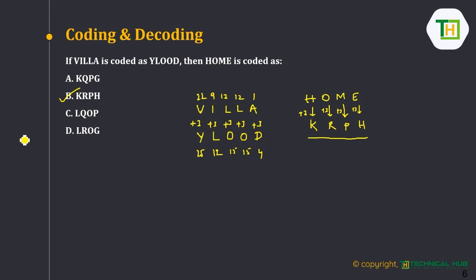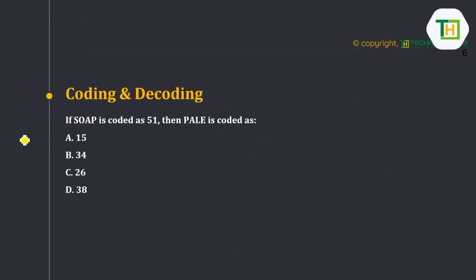It's a very easy question. Still, I got LQOP as the answer from one of the students here, so that is not correct. The answer is clearly KRPH, option B. Let's move on to the next one.